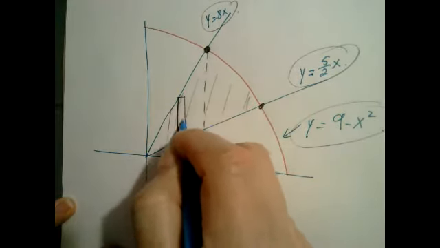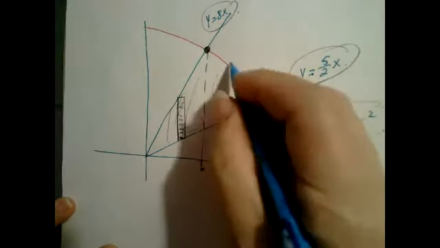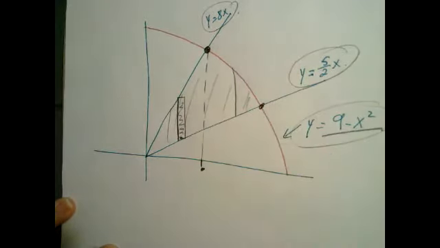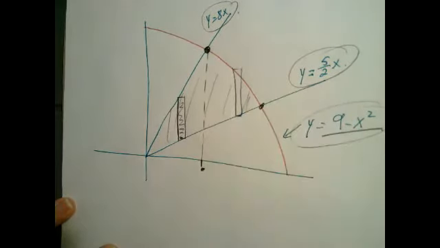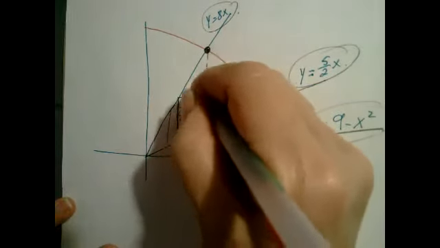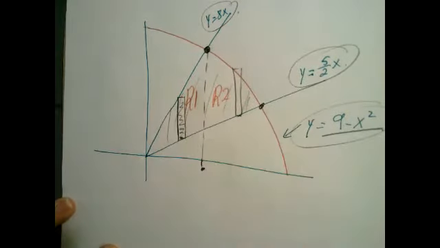If I take my rectangle here, if I am here, the top curve is y equals 9 minus x squared. The bottom curve is y equals 8x. So the only way to do this problem is to divide it into two regions, R1 and R2. You have to find the area of R1 by itself, and then you have to find the area of R2, and then you add both areas.